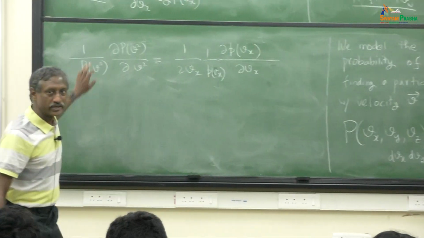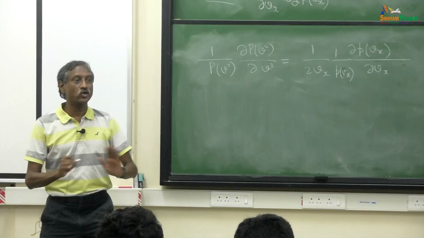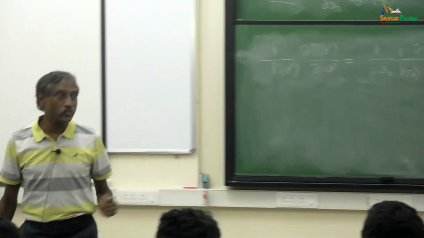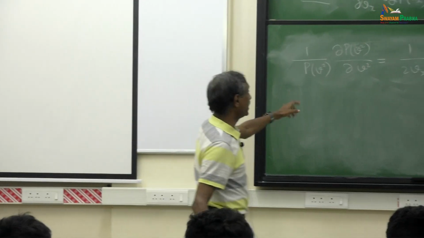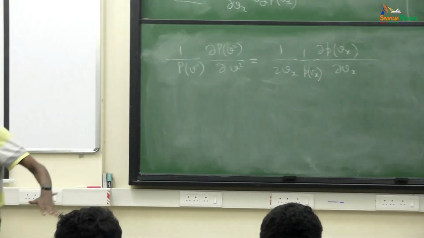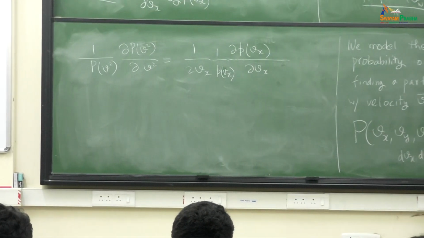Okay, so look at the left hand side. Now, left hand side depends only on the combination v square. So there is Vy square and Vz square dependence on this. What about here? Right hand side has no dependence on Vy or Vz. So now comes the puzzle, how can these two be equal to each other?